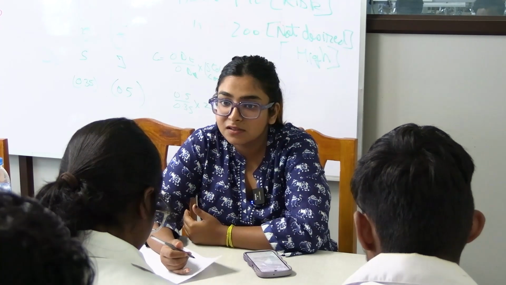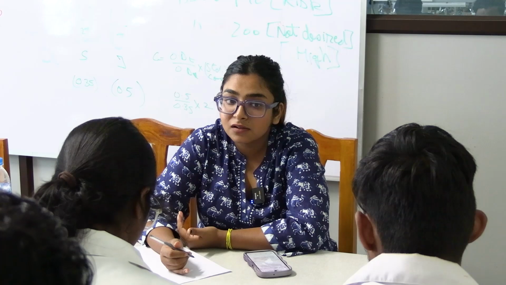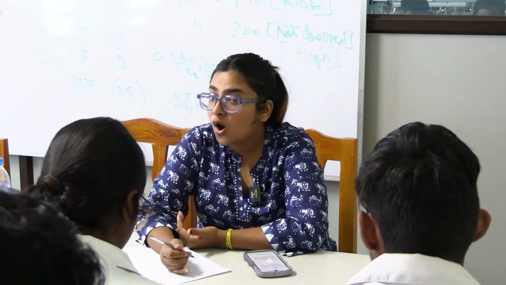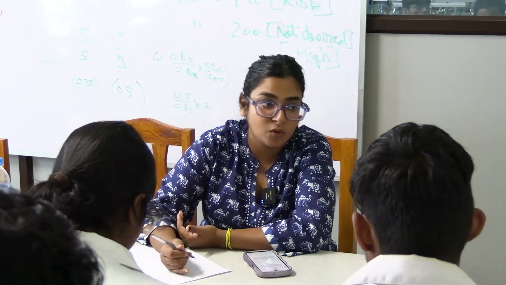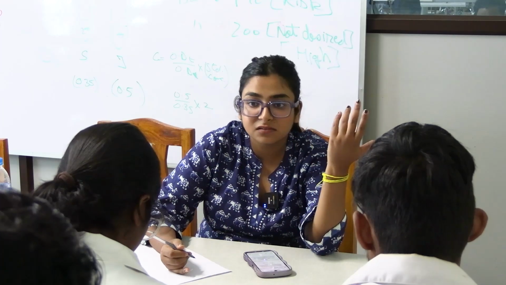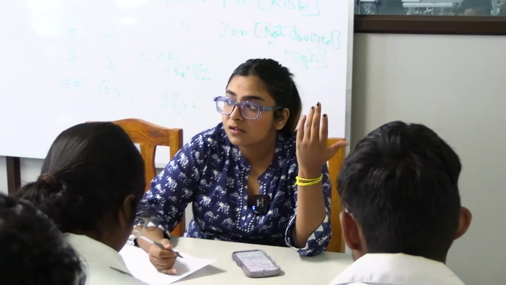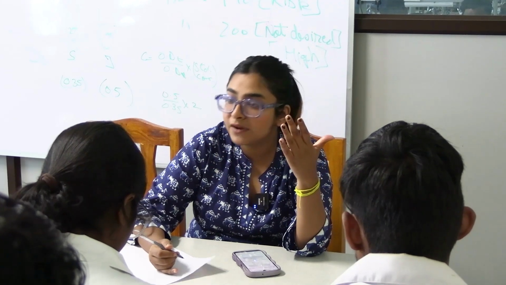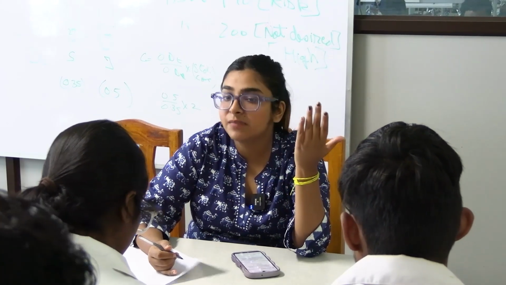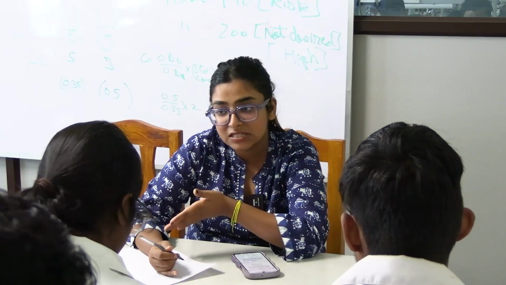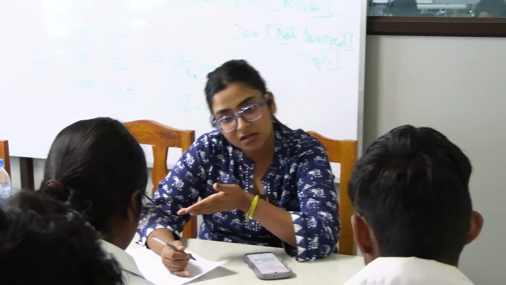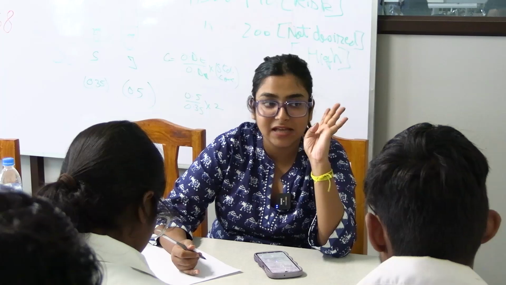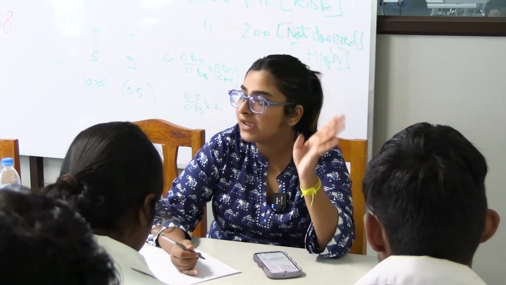Or if the acidic component decreases, alkalosis can occur. Or if any basic component in our body increases, alkalosis might occur. And if any basic component decreases, acidosis can occur. In all these four scenarios, acidosis and alkalosis might occur.